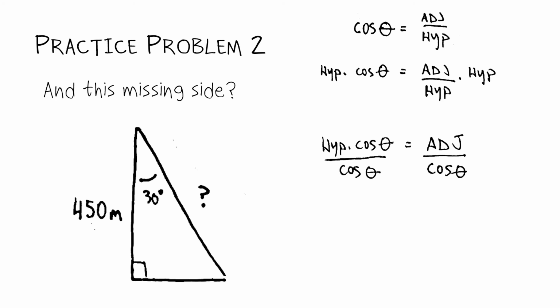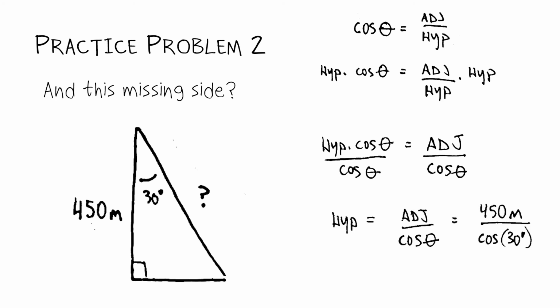So we multiply both sides by hypotenuse, divide both sides by the cosine of theta, and we're good to go. So the hypotenuse is the adjacent magnitude divided by the cosine of theta. Plugging in those values, we get around 520 meters. And it's longer than 450, which it should be. So that's nice that that works out that way.